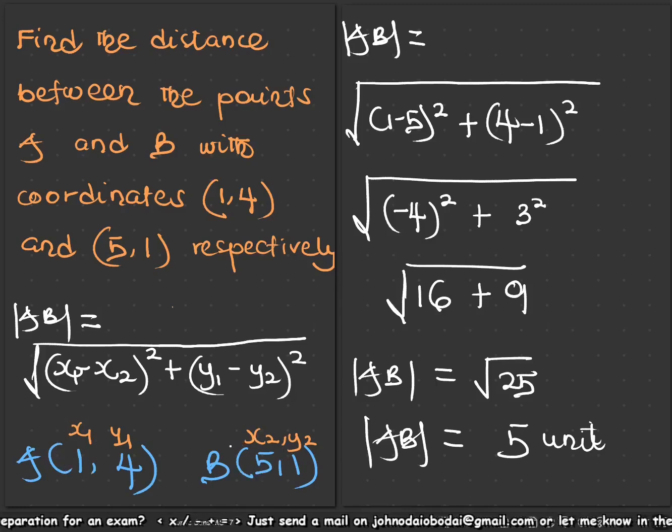You don't interchange them. If you do, you are definitely going to get it wrong. Don't let your x be your y and vice versa, but always make sure you represent what your x's and your y's are, after which you do your substitution and then solve. Let's take a few more examples and then test our understanding.